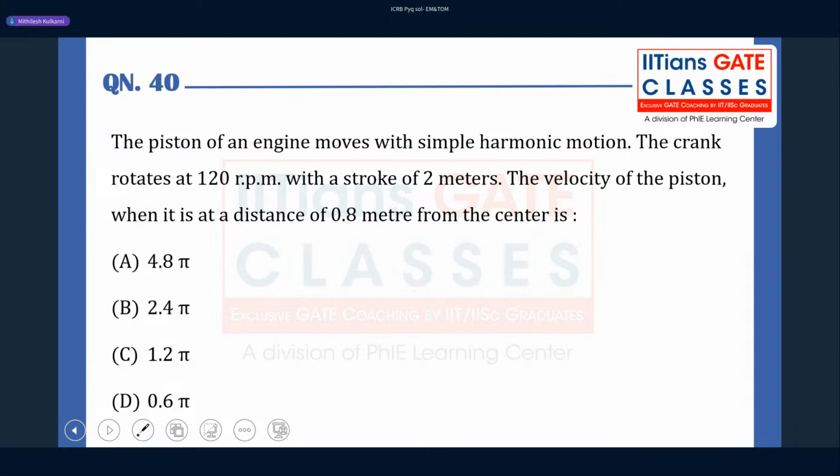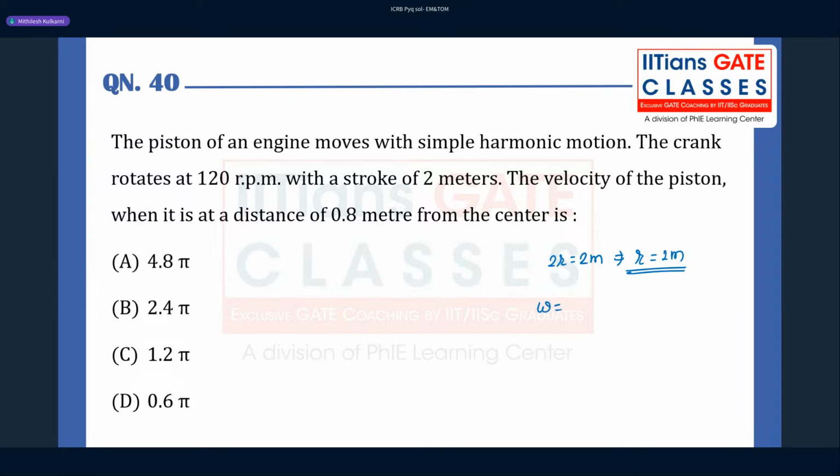So in this case, first of all, let's analyze the given data. The stroke is given as 2 meters. We know the stroke of the slider crank mechanism is 2R, so 2R is equal to 2 meters. This implies the crank radius is 1 meter indirectly. Also, the crank rotates at 120 RPM.